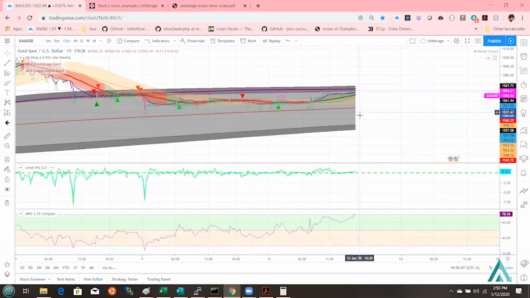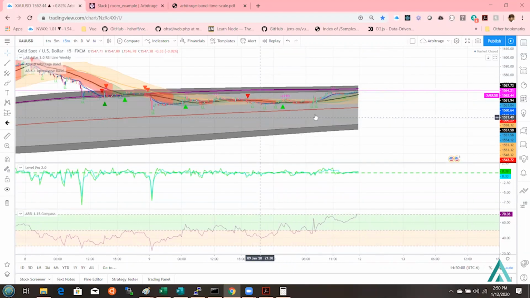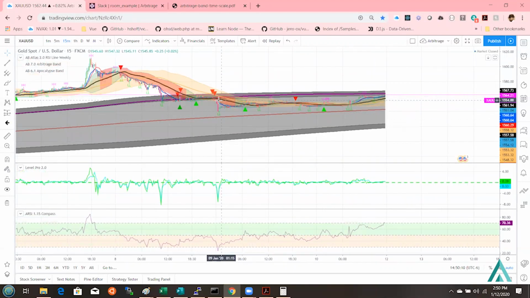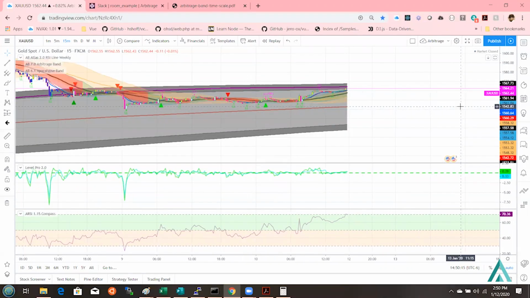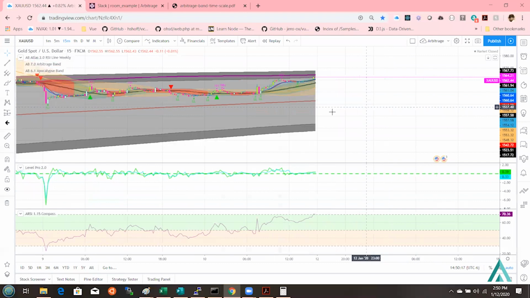Going to a larger time frame, we've been under for a bit. So if it does decide to, what I call, go for it, it should find hard resistance at 1562.44 and bounce off, deflect down, and once again continue this down momentum.